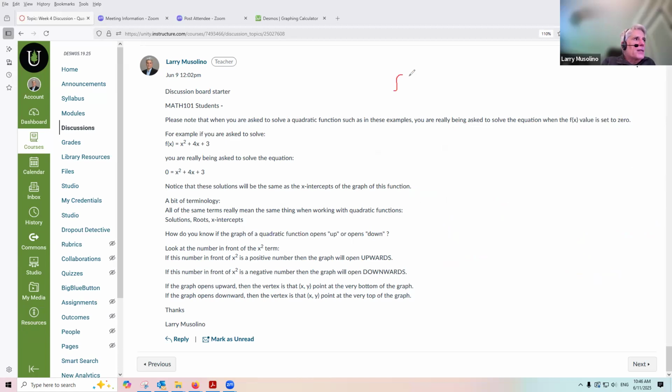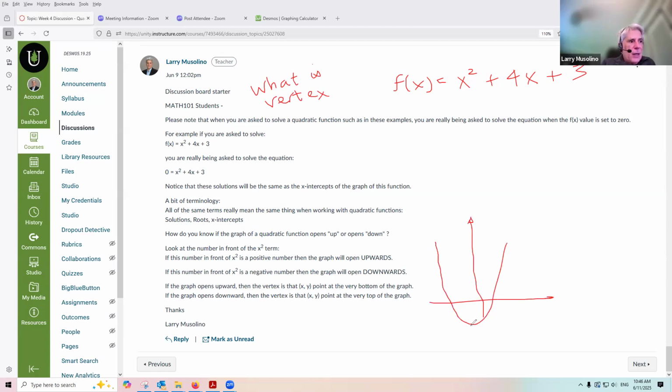Let me go back to this example, x squared plus 4x plus 3. What I'd like to know is, what is the vertex? Now I know this graph opens up, we just mentioned that, so this graph might do something like this. We want to know, what is the xy coordinate of this point down here called the vertex?